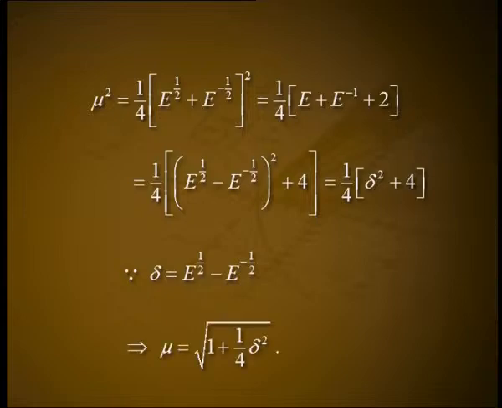That is equal to 1/4 ((E^(1/2) − E^(−1/2))² + 4). That is 1/4 (Δ² + 4), because Δ = E^(1/2) − E^(−1/2). This implies μ = √(1 + (1/4)Δ²).